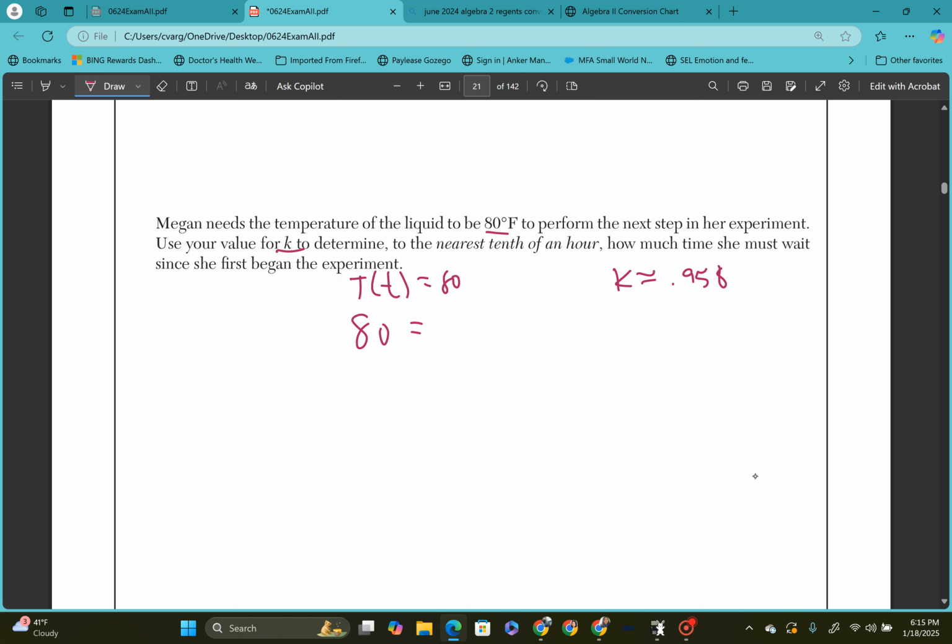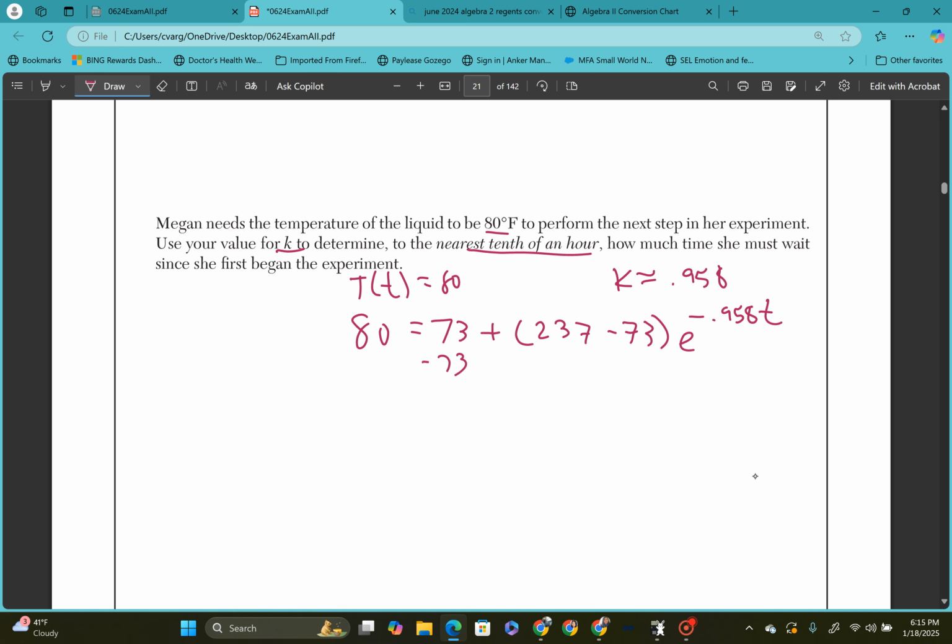So now we need to figure out how much time she must wait. So still 73 plus, it's still 237 minus 73, right? We're still following that formula. It's e to the, we still have our value of negative 0.958 because we're using our k value, and we're looking for our time here.